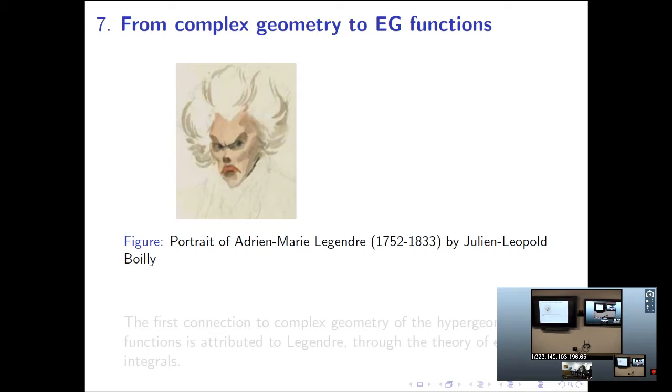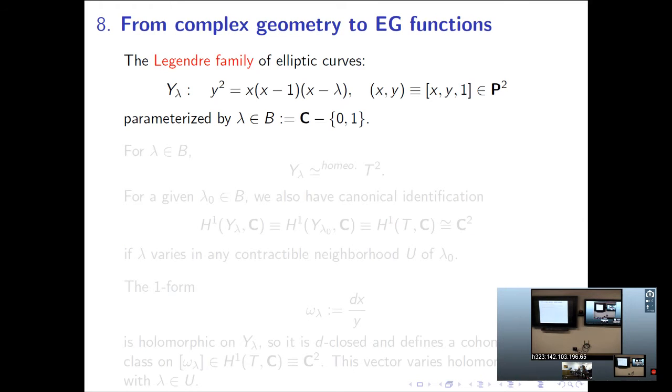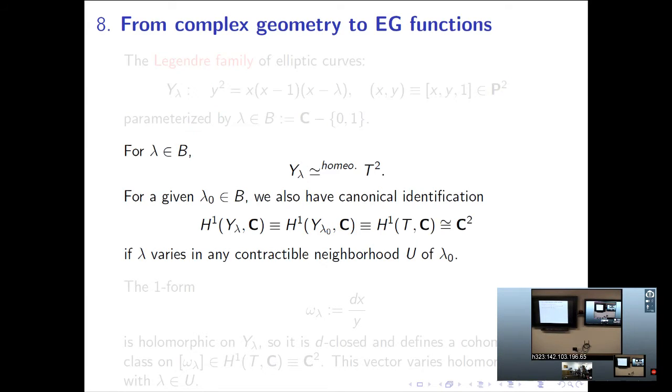So now let me come to complex geometry and how that gets related with that. Let's recall the Legendre family of elliptic curves is given explicitly by y squared equals x times (x minus 1) times (x minus lambda), and is parameterized by this lambda, which is a complex number different from 0 and 1.